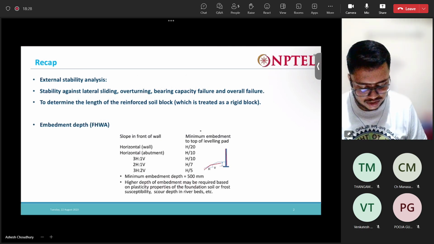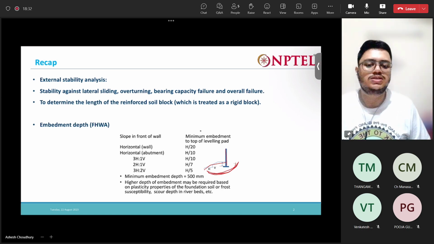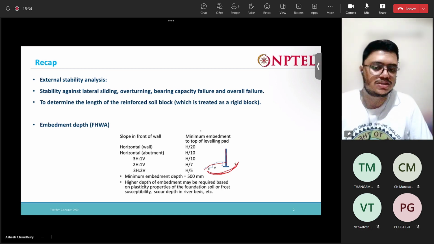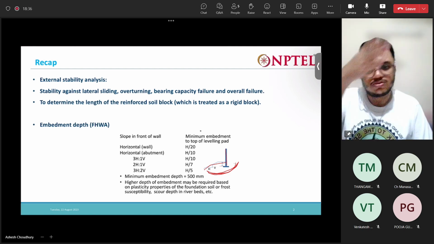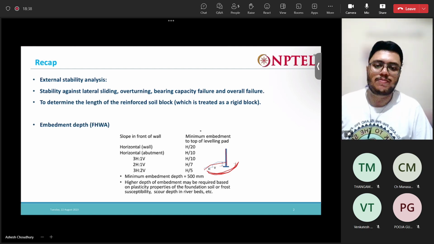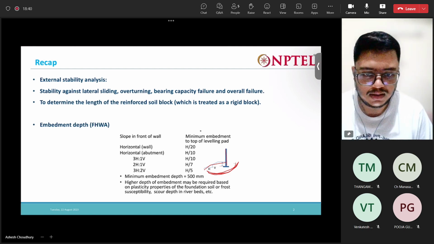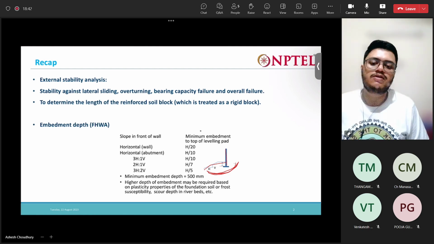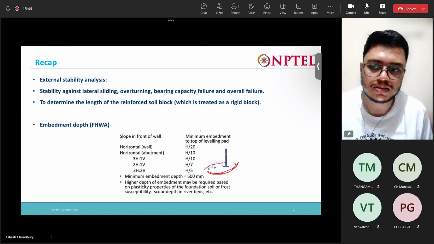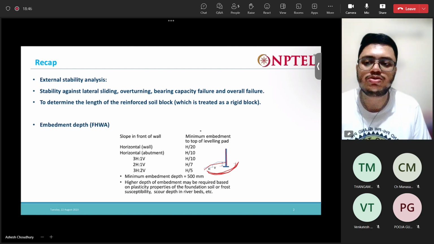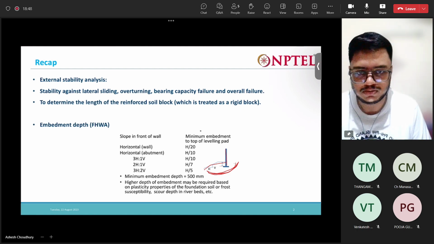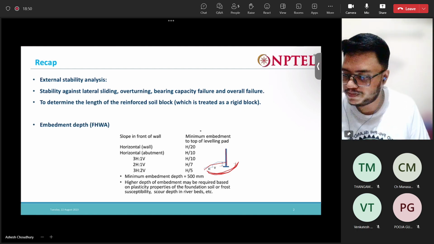You need to ensure that the slope over which this structure is constructed is safe, that there is no failure of the main embankment slope, and that slip circle failure is not there. All right, so these are the stability checks that we do.